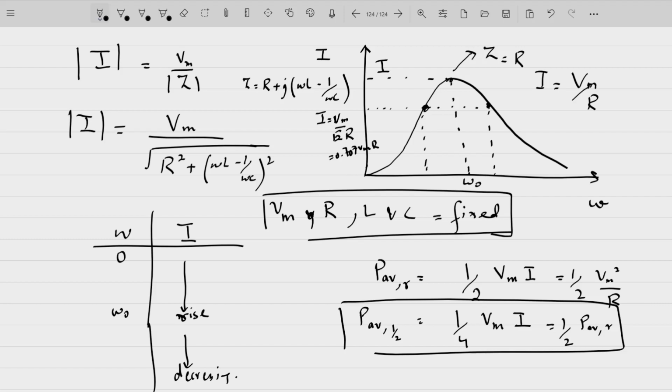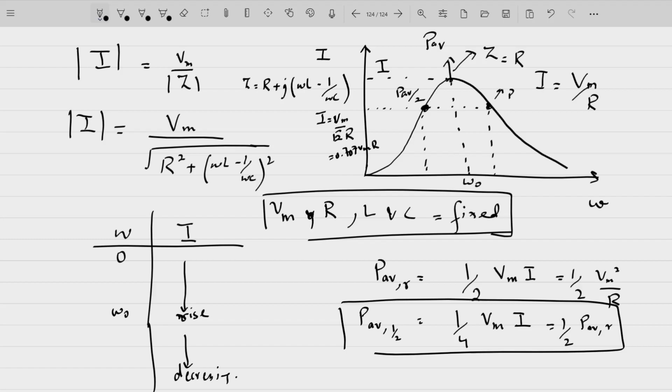On either side of this resonant frequency, there will be a point where the value of current will be such that average power will be half of the power that was obtained at the resonant frequency point. At this particular point, the average power will be equal to P average divided by 2.